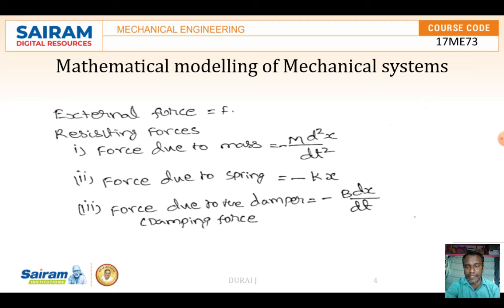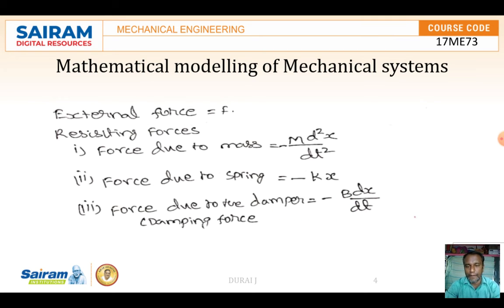So D'Alembert's principle says the sum of external forces and resisting forces is equal to 0. Here that gives F minus m d square x by dt square minus kx minus b dx by dt is equal to 0.